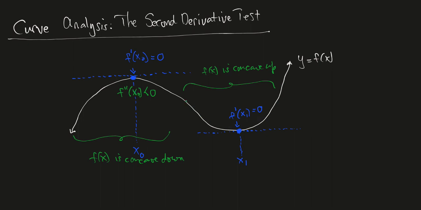And what that means for a second derivative is at every x value in this interval, the second derivative would have to produce a positive value, which includes this specific value. So if I now took f double prime and evaluated at x1, I would have to get a positive quantity.